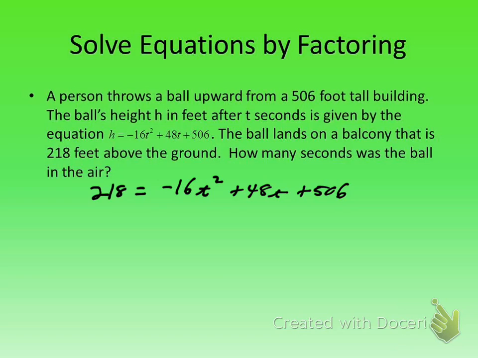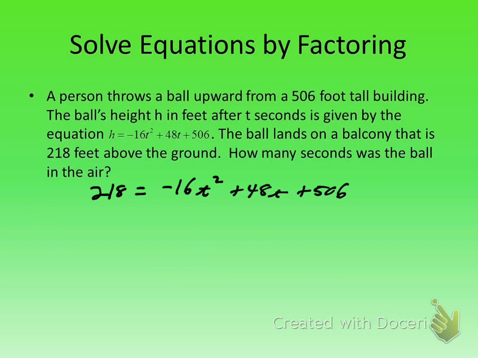It's a quadratic equation, so it has to equal what? 0. Okay, and I'm picky with this. You can get away with this without doing it this way. I always like my a to be positive, so I'm going to add this 16t squared and move everything else from the right to the left.